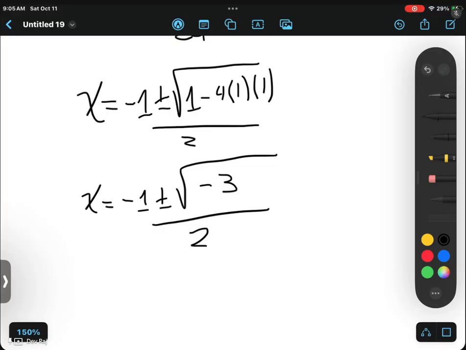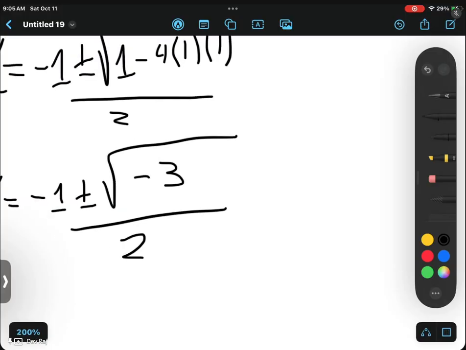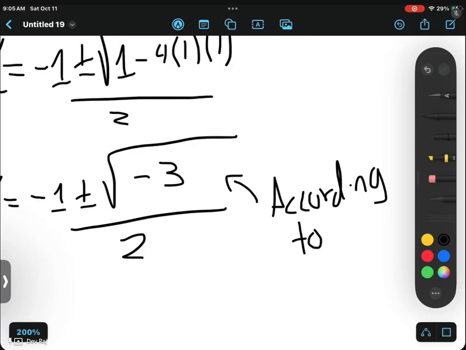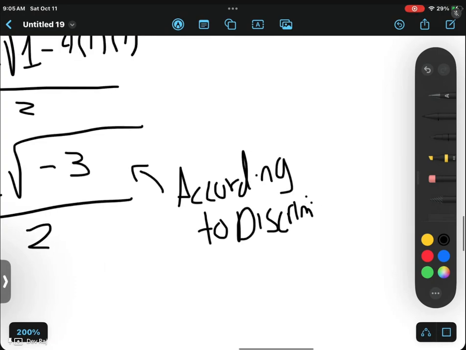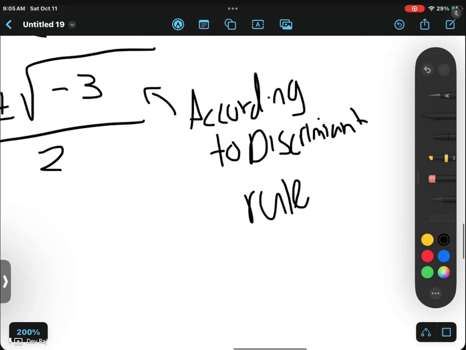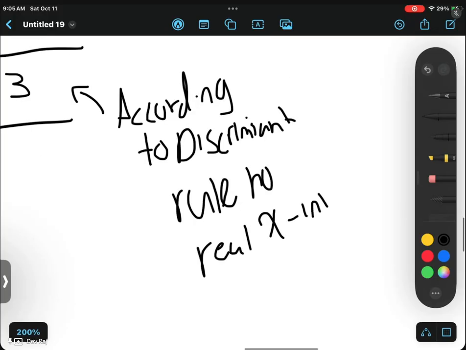According to the discriminant rule, what would this tell you? So there's no real x-intercepts.